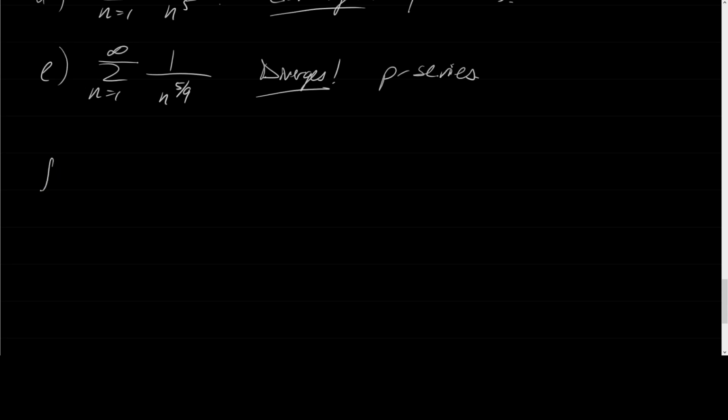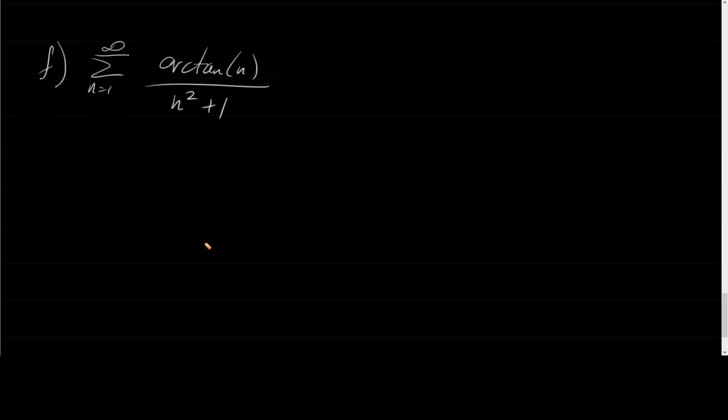But let's do some other examples because we are talking about the integral test here. Let's say I had the series from 1 to infinity of arctan of n over n squared plus 1. In here, I'm going to take the integral. So let's look at the integral from 1 to infinity of arctan of x over x squared plus 1 dx.